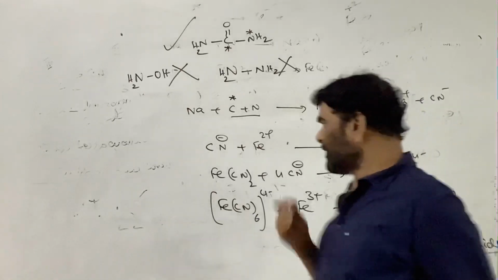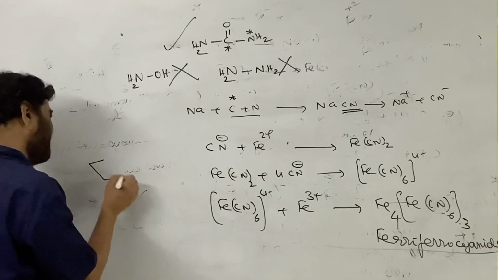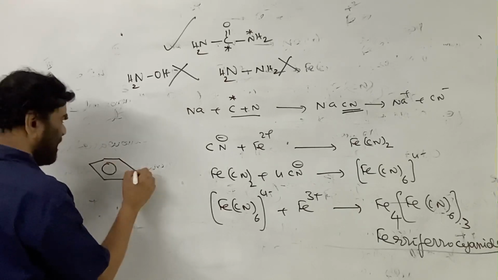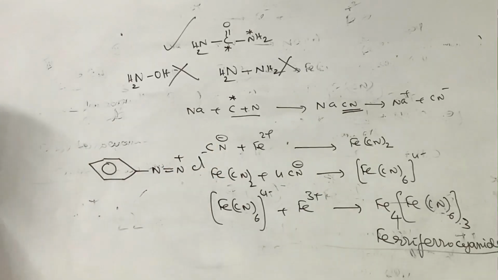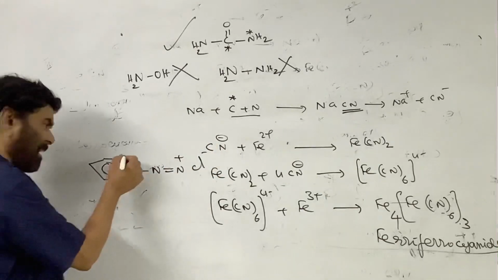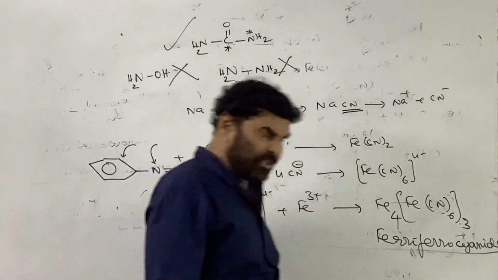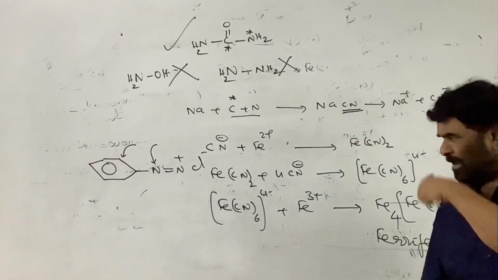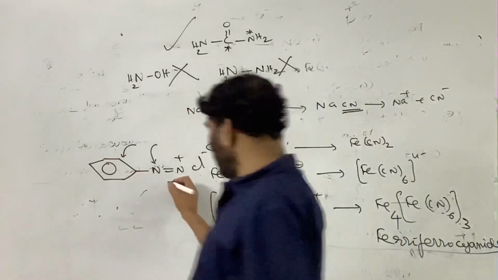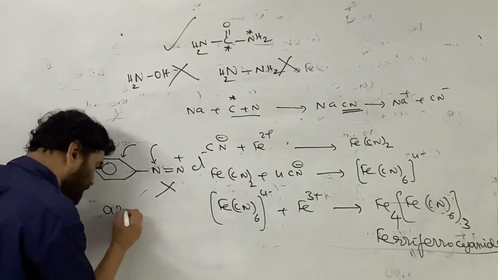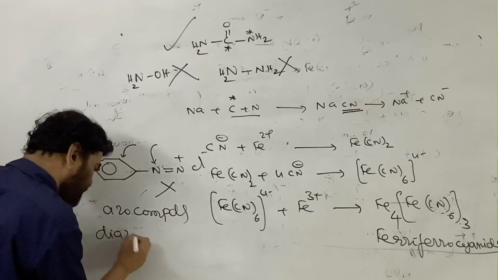One important example is benzene diazonium chloride. It is a compound with carbon as well as nitrogen, so it should give the Lassaigne test for nitrogen. But it does not, because these are called azo compounds, diazo compounds.